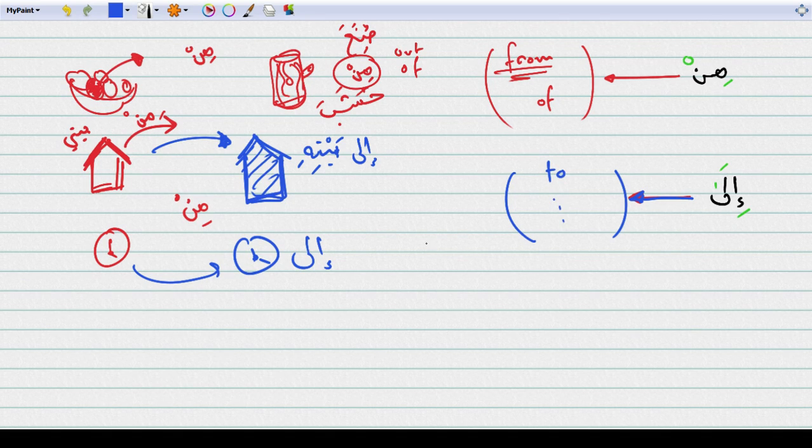Kind of. Okay? Now, let's get a bit more complicated and go to عن. So how do you use عن? عن can also mean from, and can also mean according to.